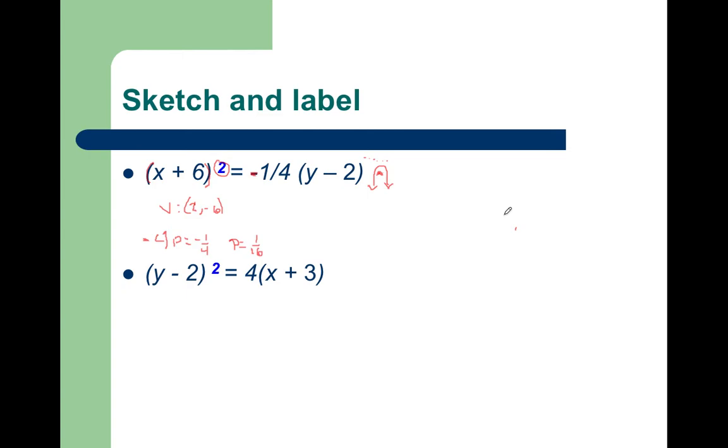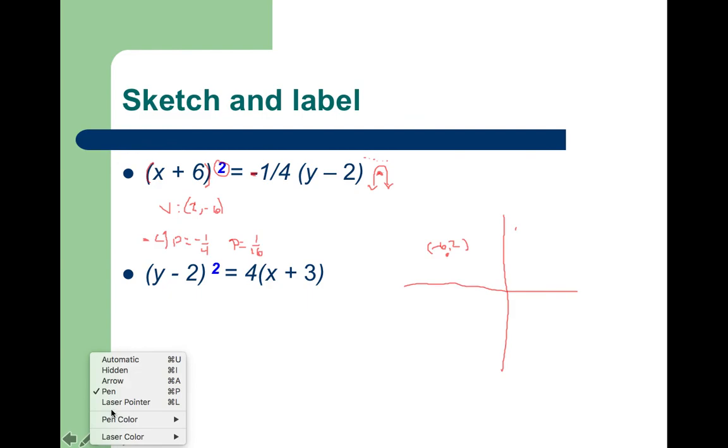So I'm going to graph that over here. -6, 2 is the vertex. I already know that my directrix is above.